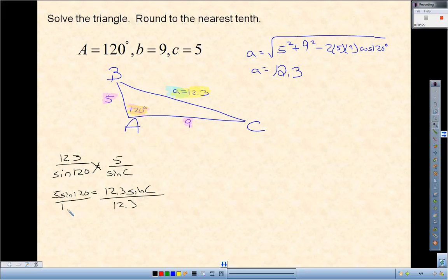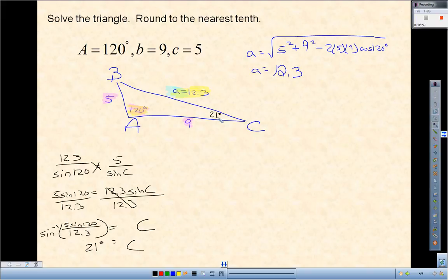I'm going to divide by 12.3, but since I'm trying to find the angle, I have to do sine inverse. So sine inverse of 5 sine of 120 over 12.3. And so let me see what that would give me. 5 sine of 120 divided by 12.3, and I'm going to do sine inverse of that, and that would give me about 21 degrees.